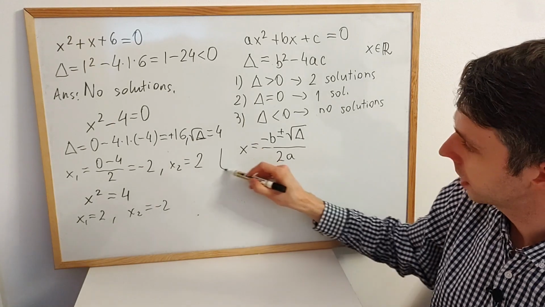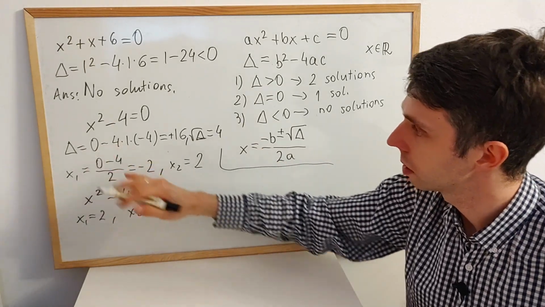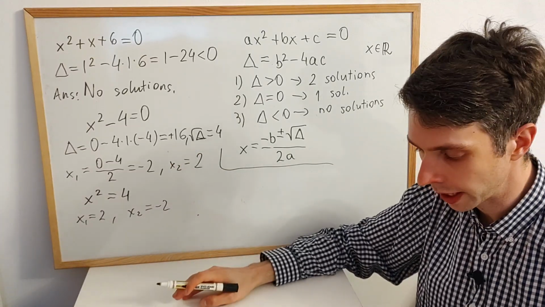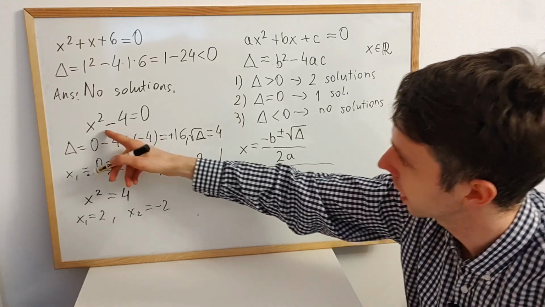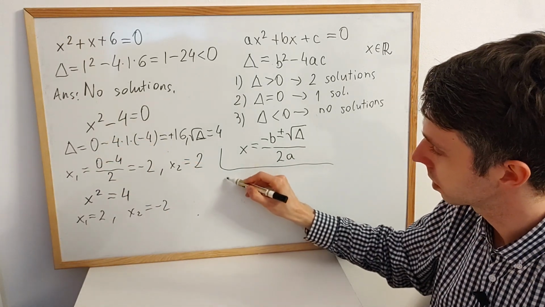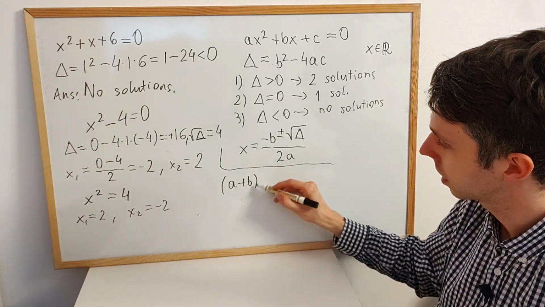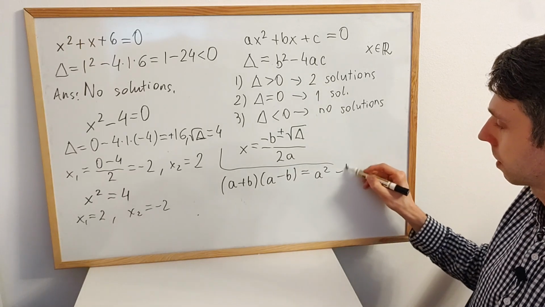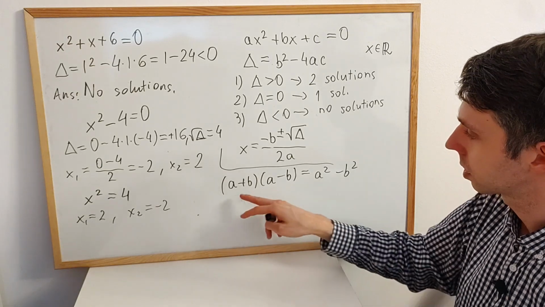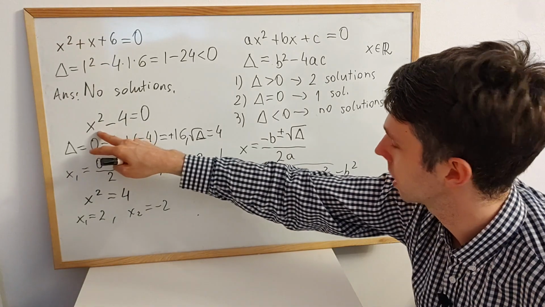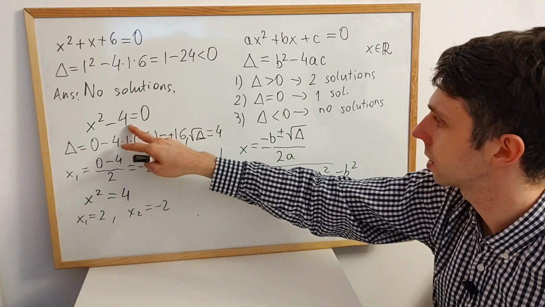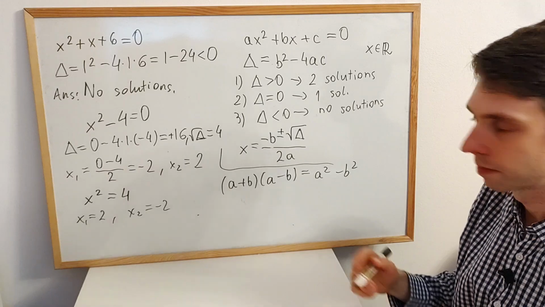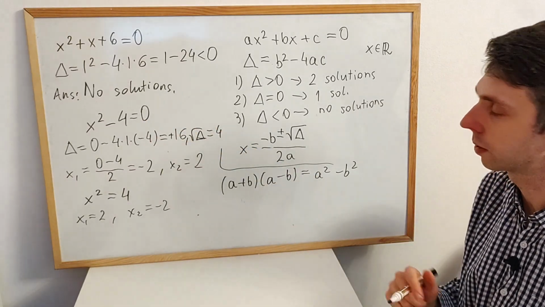You can maybe see this better if you know the short multiplication formulas, and there is a formula that (a plus b) times (a minus b) equals a squared minus b squared. So this is a squared, this is b squared, so a is x, b is 2, because 2 squared is 4.